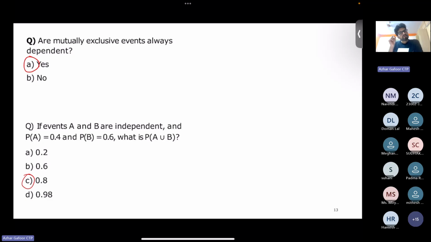So if the event of getting even numbers has occurred, then the event of getting odd numbers will not occur.